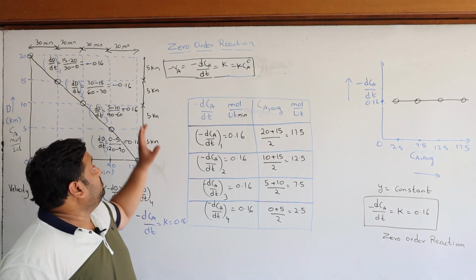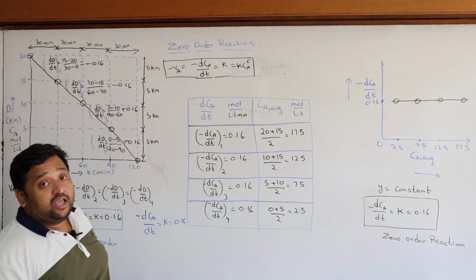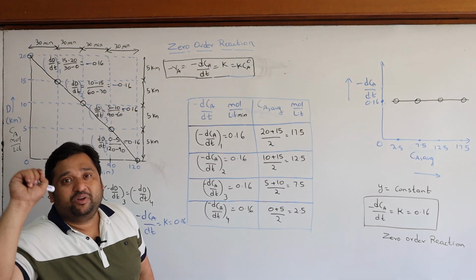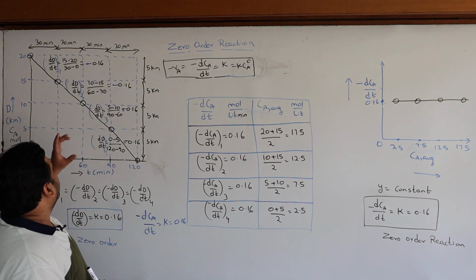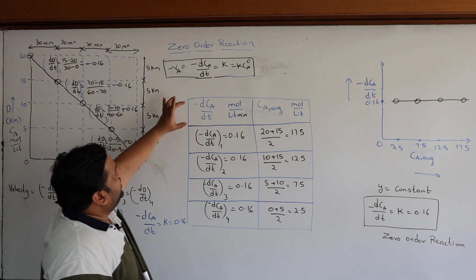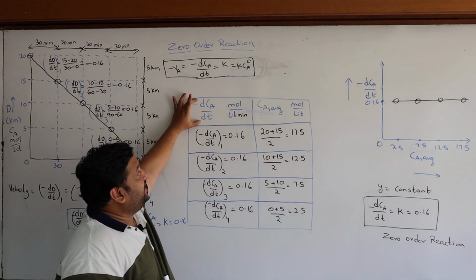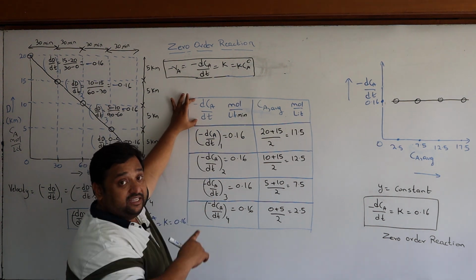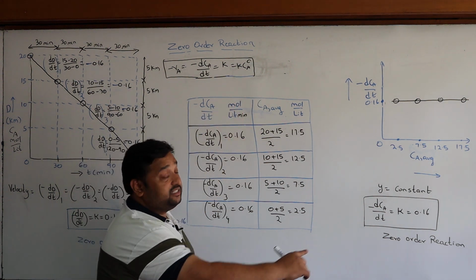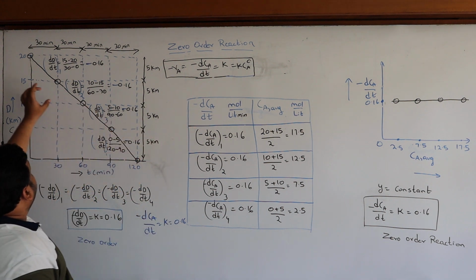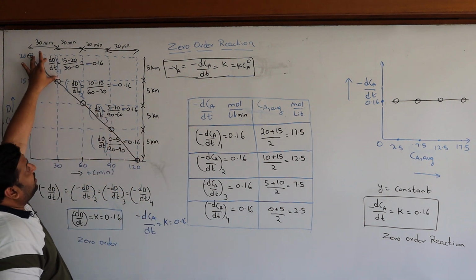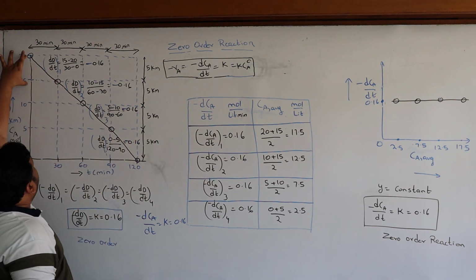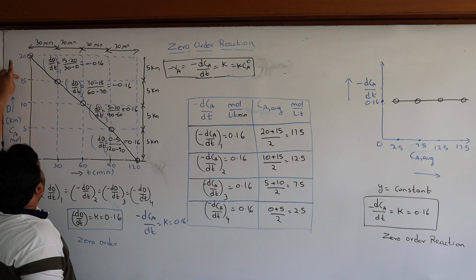Then in general, once you get the slope data, how will people come up with an equation like dCA by dt is equal to k? Let us take an example. You have to plot dCA by dt against the concentration, with dCA by dt on the y axis and the concentration on the x axis. What is dCA by dt? It is 0.16 at the average concentration, which is 20 plus 15 by 2.